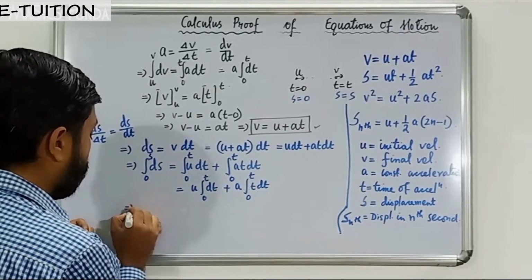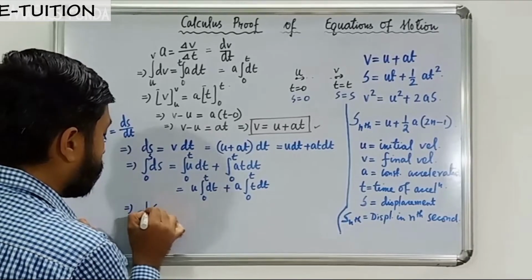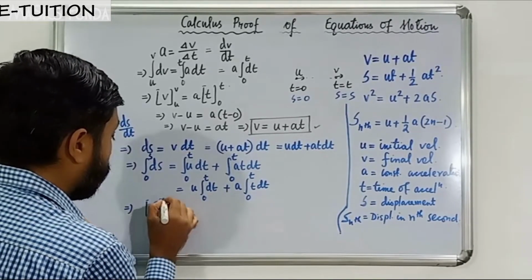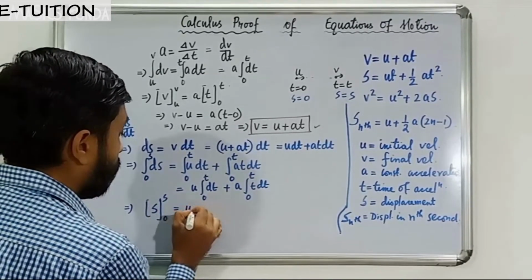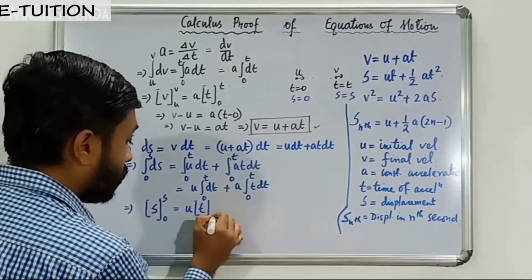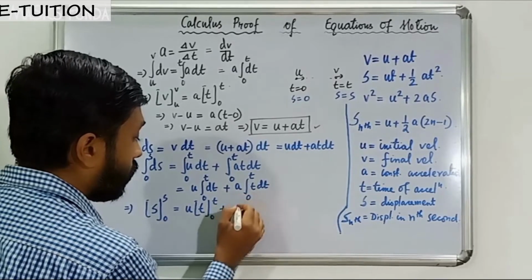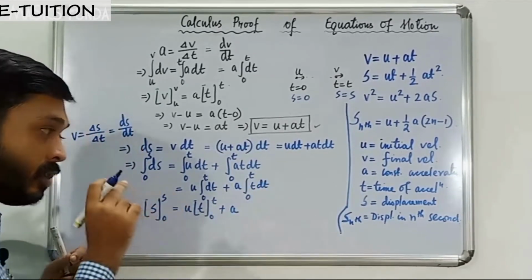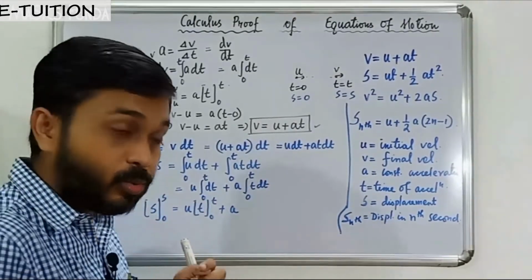So now integration of ds is s, 0 to s. Integration of dt is t, 0 to t. Integration of t dt is t square by 2.